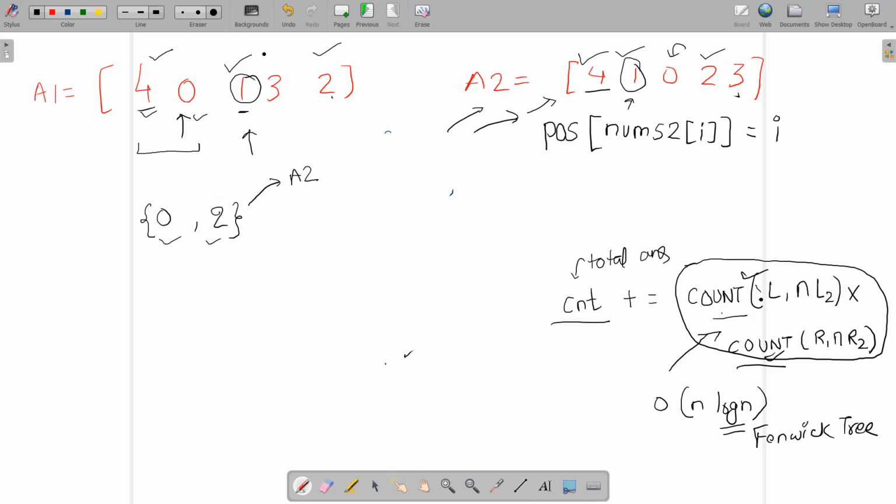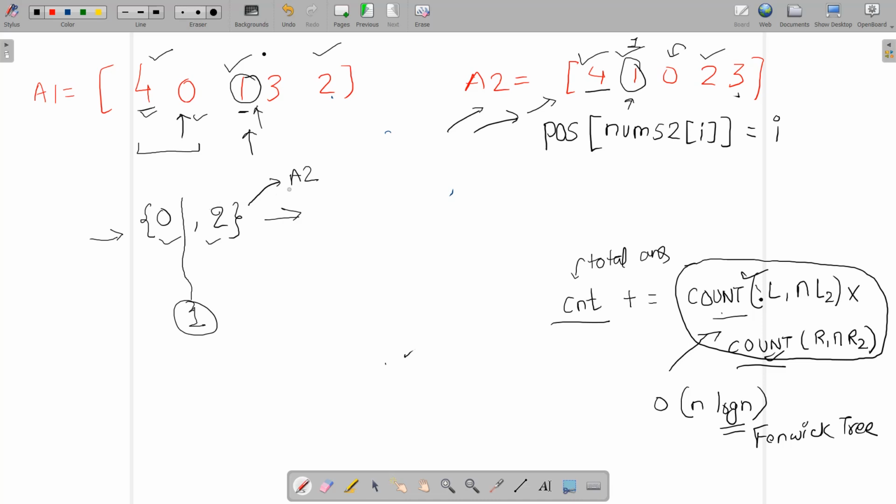Now we will also check the position of 1 in this array A2, which is, you can see, at position 1. So 1 is present at this position 1, and it will divide this array 0 2 into two parts.